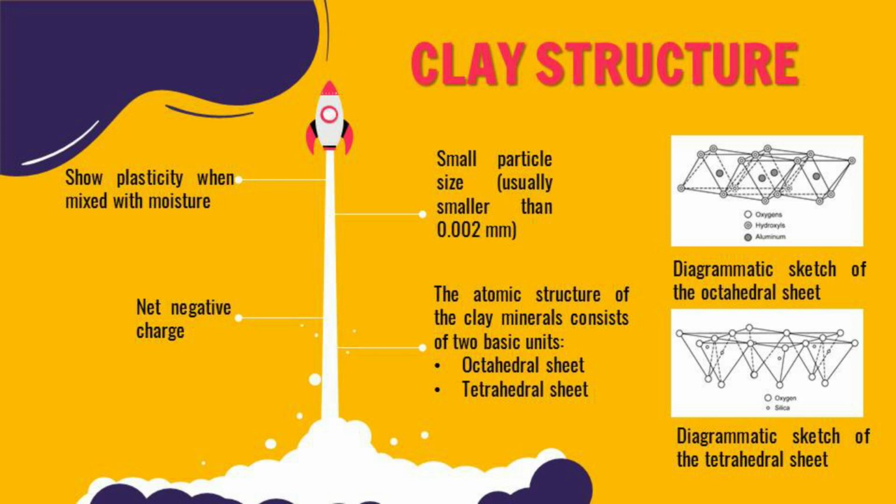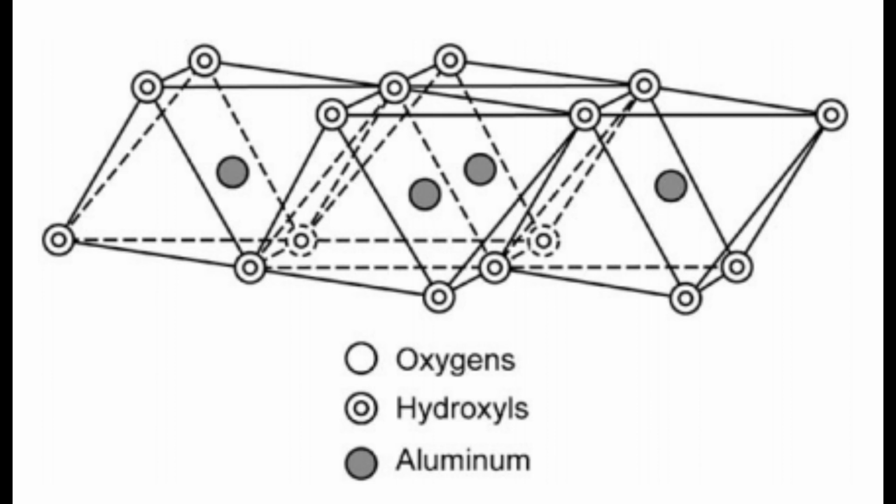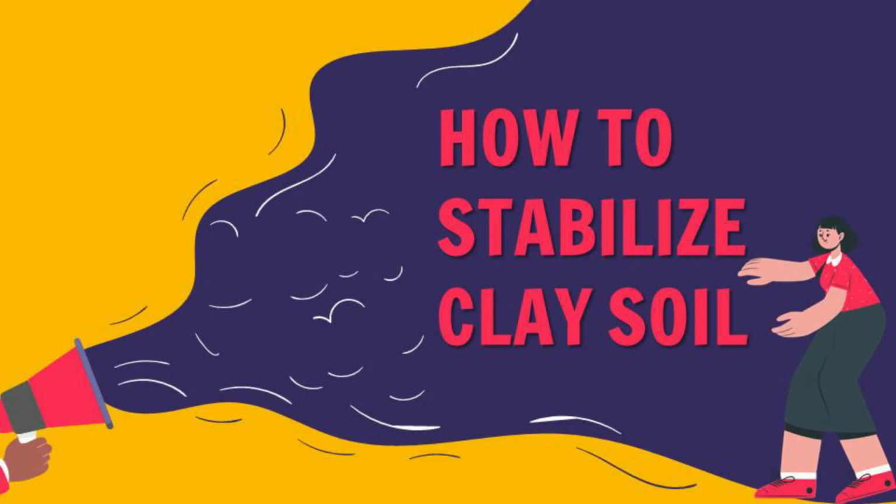So what we can see is that clay has a small particle size, usually smaller than 0.002 millimeter. The second one is that clay has a net negative charge. The third one is that it shows plasticity when mixed with moisture. And the last one is that the atomic structure of the clay mineral consists of two basic units, which are the octahedral sheet and the tetrahedral sheet.